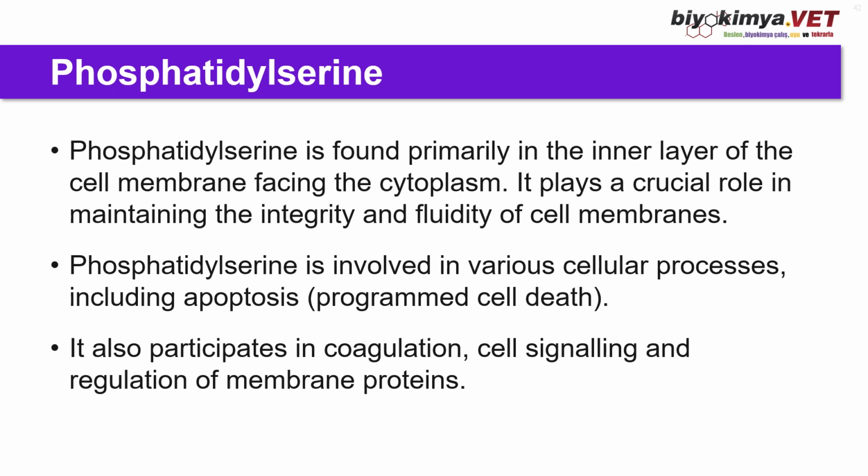And phosphatidylserine, as I said, is normally found on the inner layer of the cell membrane. However, when muscular injury occurs, platelets are activated and phosphatidylserine is exposed on the outer surface of the platelet membrane. And this acts as a signal for the initiation of the coagulation cascade. Phosphatidylserine has been studied for its potential cognitive benefits too.